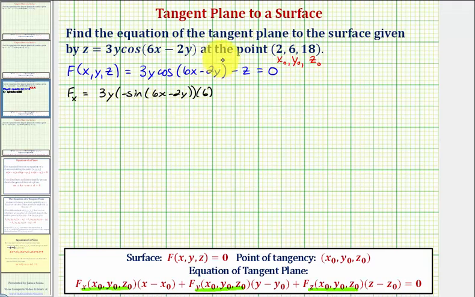So let's go ahead and simplify this. We'd have negative 18y sine of 6x minus 2y.